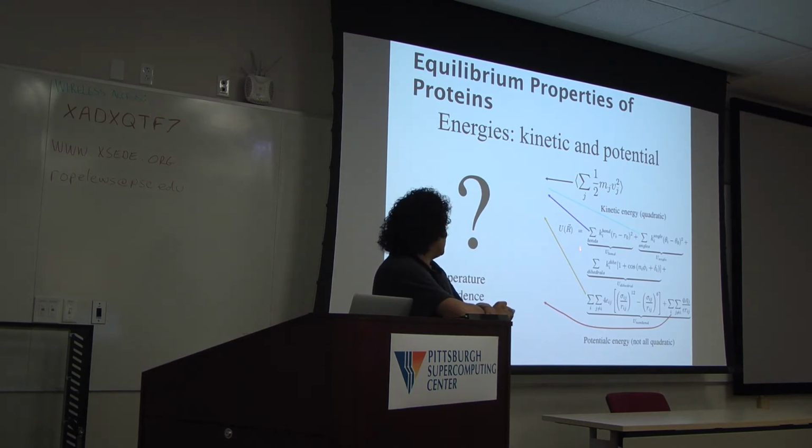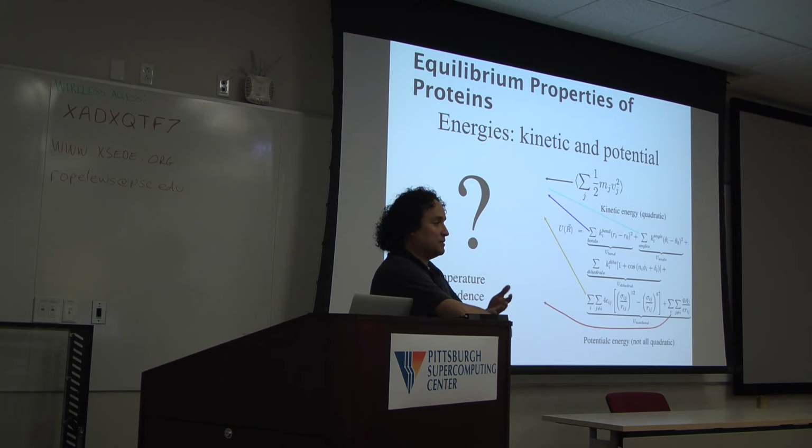How do you think the kinetic energy is going to depend on temperature? The kinetic energy? So this is the kinetic energy, right? If we increase the temperature, the velocities are going to increase.